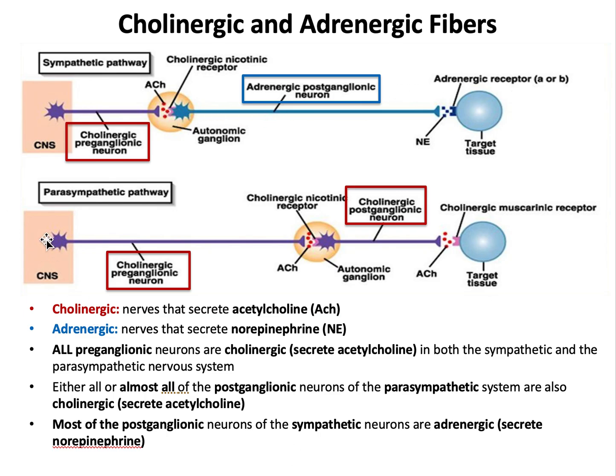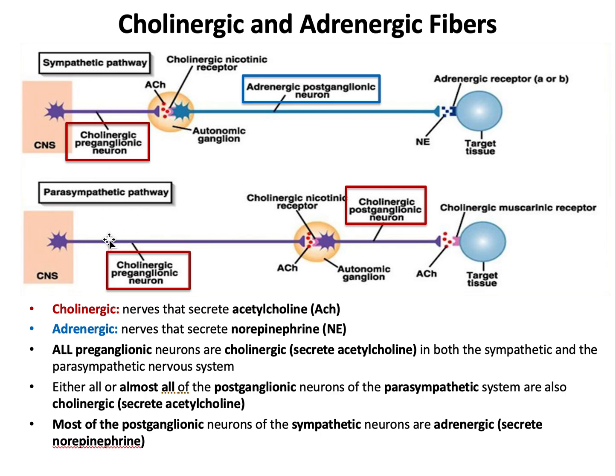Here in the parasympathetic pathway, we have long preganglionic fibers, because they have to travel to the ganglia, which is located right next to or within the tissues they're going to innervate. And then the postganglionic fibers are pretty short, because they're already right there in the tissues, okay? And then this would be the effector or the target tissue. All right, in both the sympathetic and parasympathetic pathways, you'll notice it's color-coded to make it a little easier, but our preganglionic neurons are both purple.